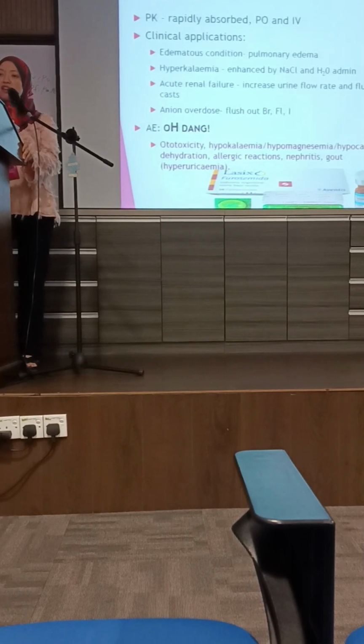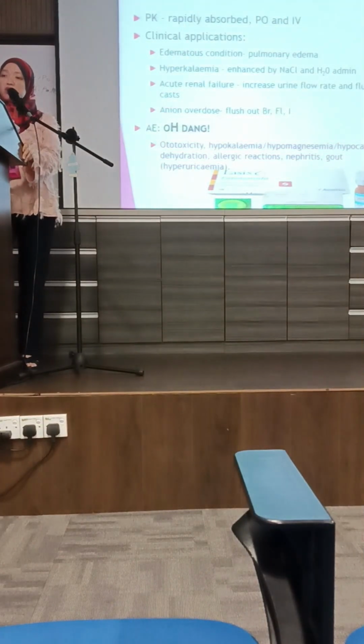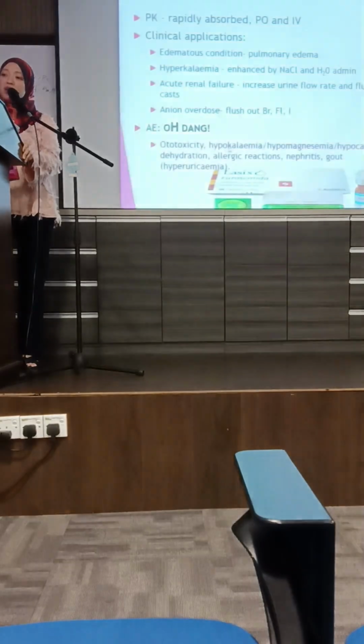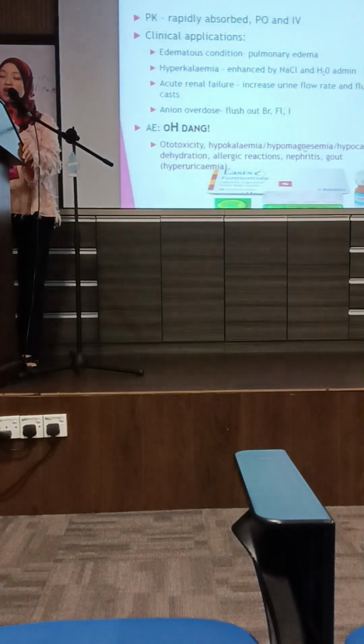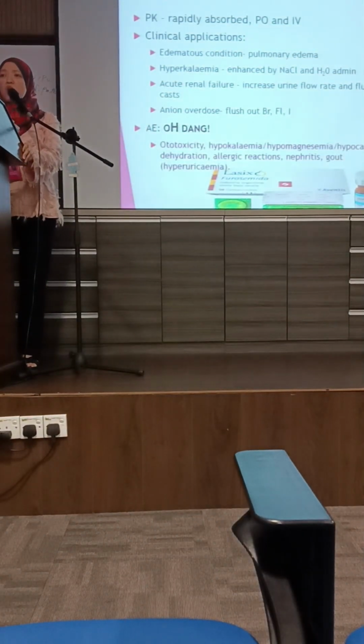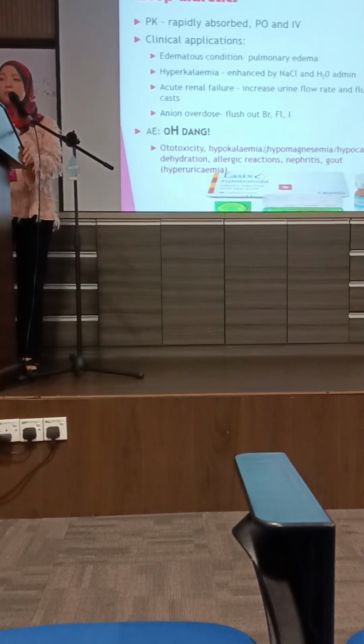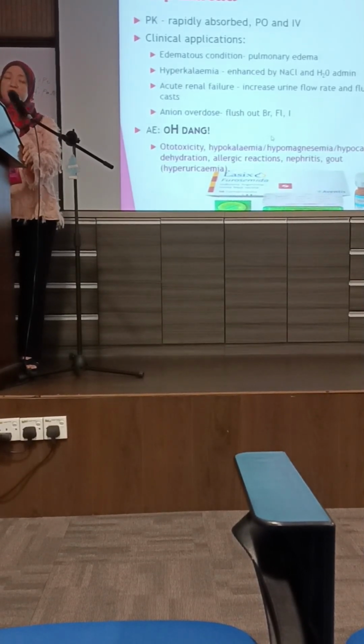Okay, and then adverse effects, easy to remember adverse effects of loop diuretics. O is ototoxicity. H is capitalized because it makes it easier to remember. H is many: hypokalemia, hypomagnesemia, hypocalcemia. Basically all diuretics cause hypokalemia except potassium sparing. Even carbonic anhydrase inhibitors can cause hypokalemia. Loop diuretic also causes hypokalemia.